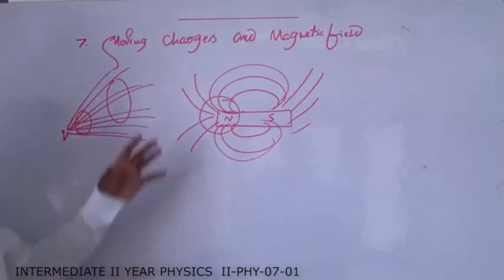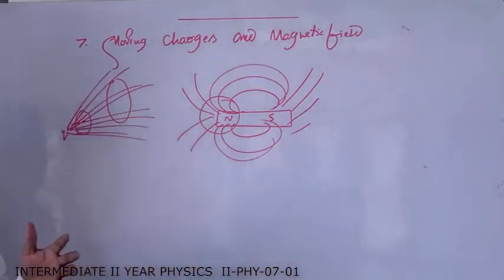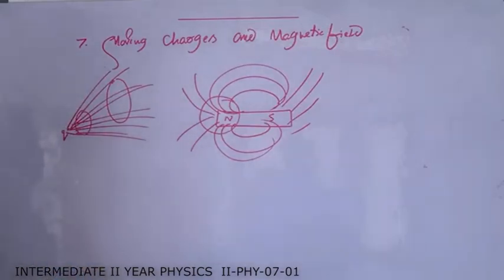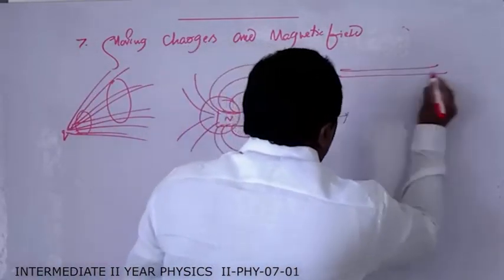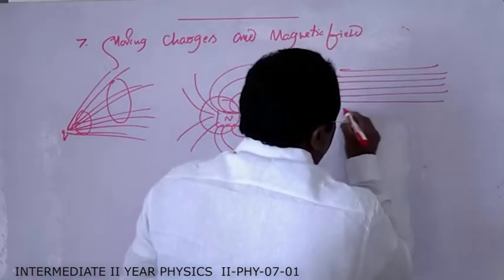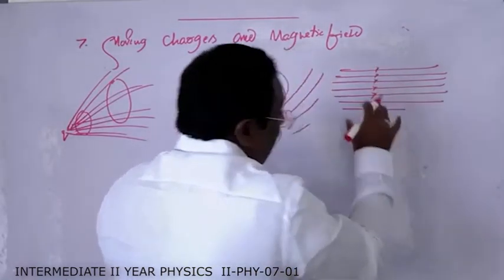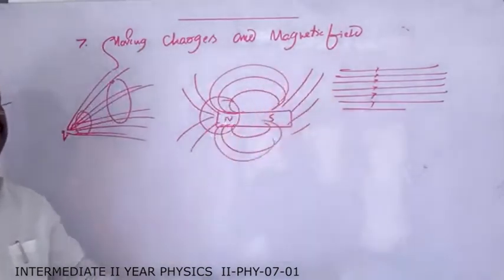If the magnetic field is the same at each and every point, then it is called a uniform magnetic field, which is shown by equal distance parallel lines.